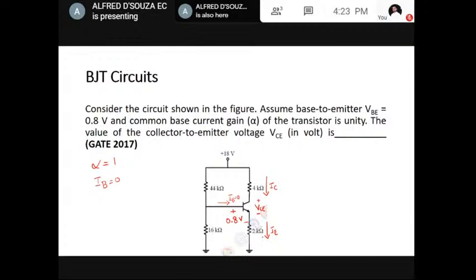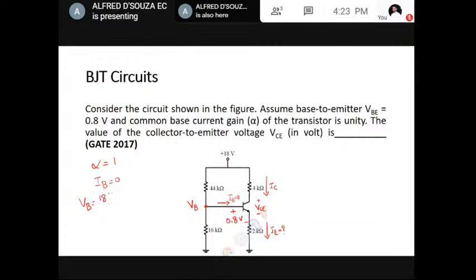For that, first we have to find out how much is the emitter current IE. Because the current flowing into the base is 0, we can use the voltage source and 2 resistors. Once again, it is the voltage division formula. We can find out the voltage at this point.